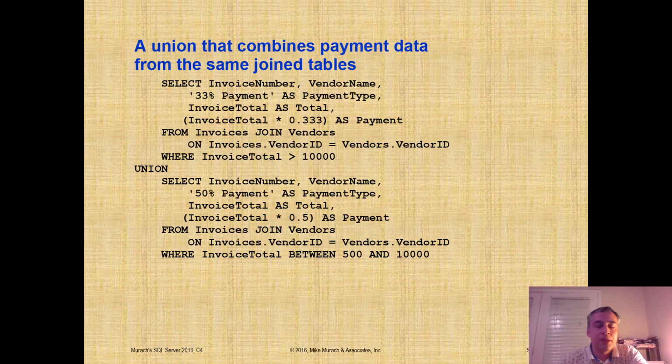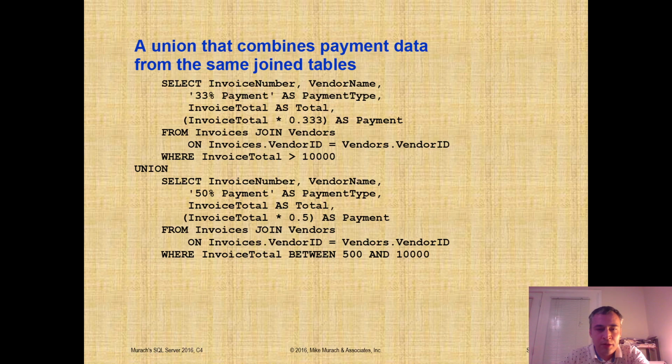Okay, so this is a very interesting example, very tricky example, so let us take some time to understand it. We are creating a value, first of all, where we are taking this from invoices join vendors, and the second one from invoices join vendors.